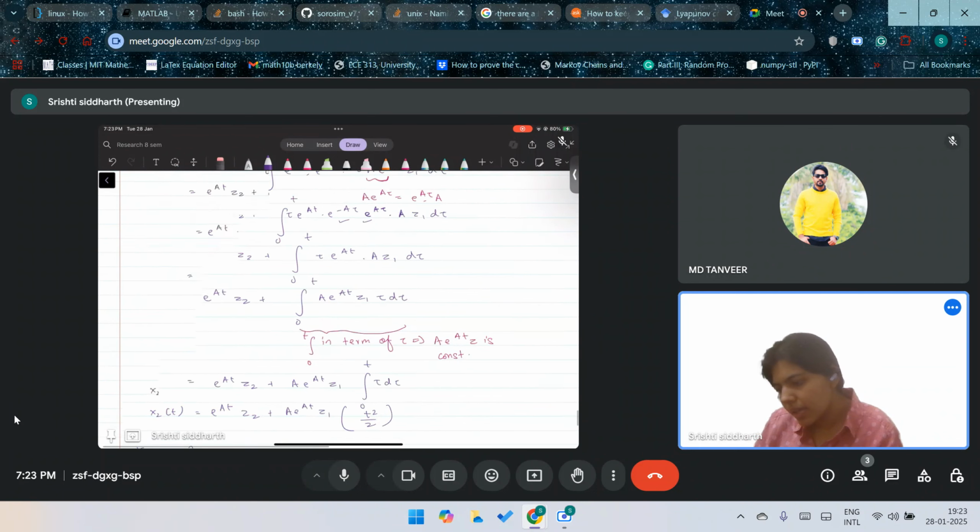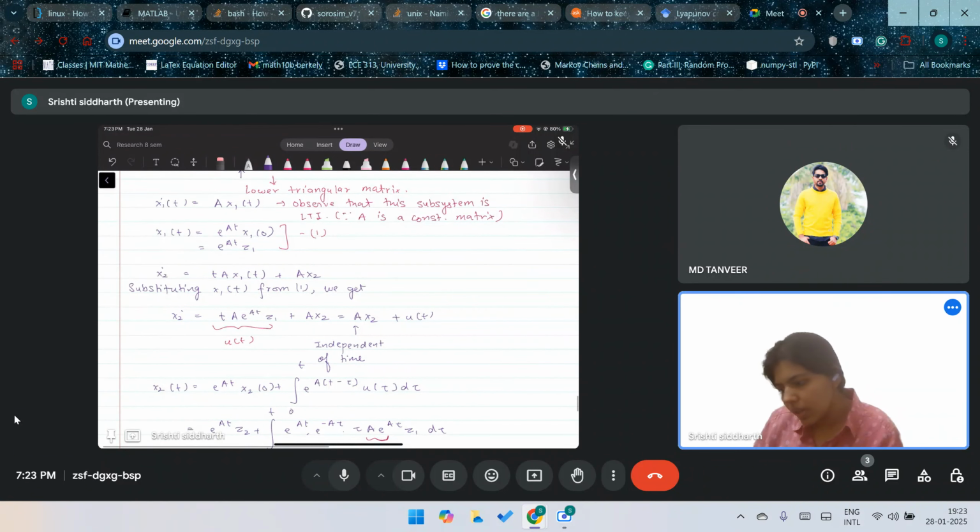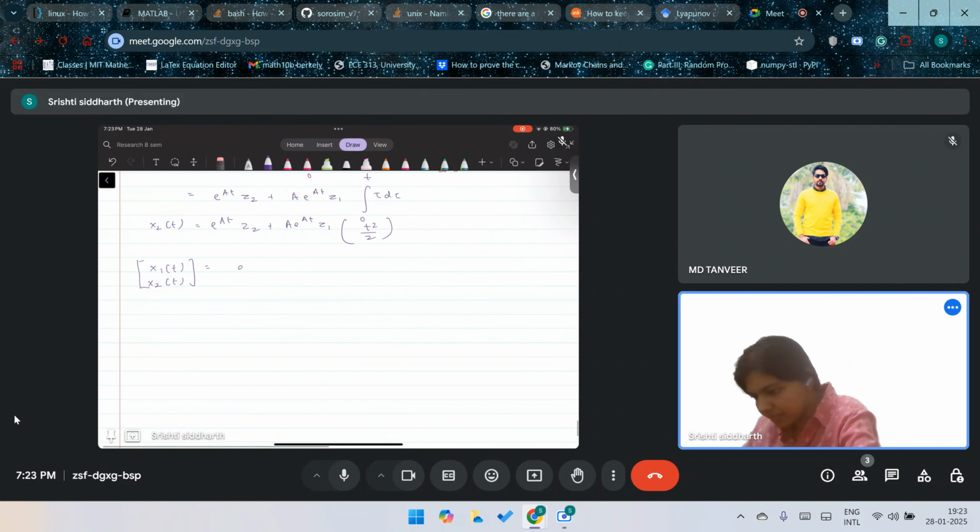So x1 is e to the power At z1, and then we have x2. So in terms of z1 we have e to the power At times t square by 2 z1 plus e to the power At times z2.